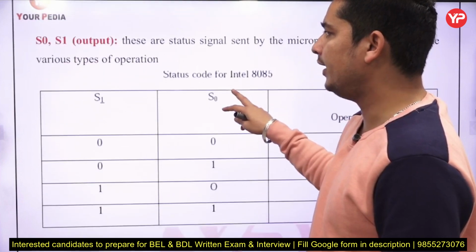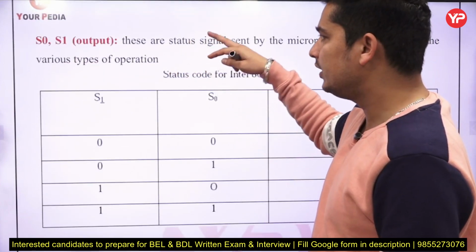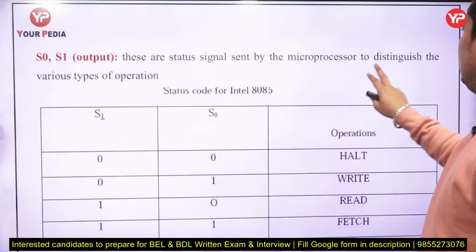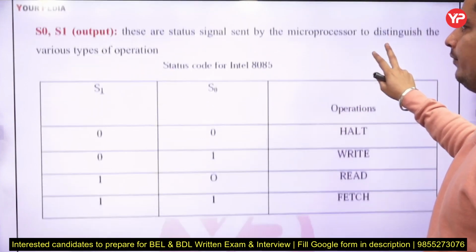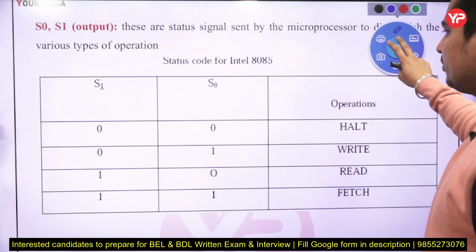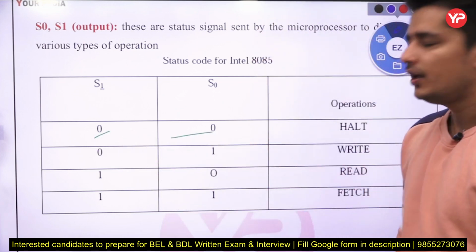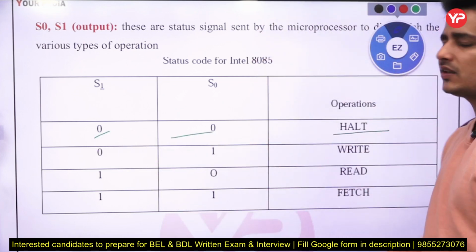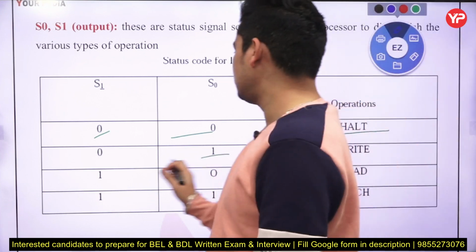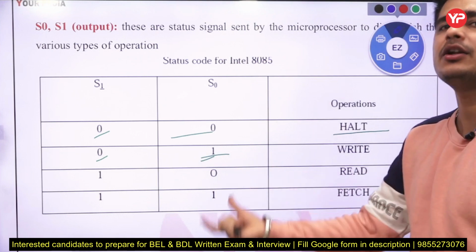Then S1 and S0, these two pins tell you the status of which type of operation we are performing. Inside the microprocessor, if S0 and S1 are both 0, it means your microprocessor is in halt state. If S1 and S0 is 0 1, then we are writing to the memory.